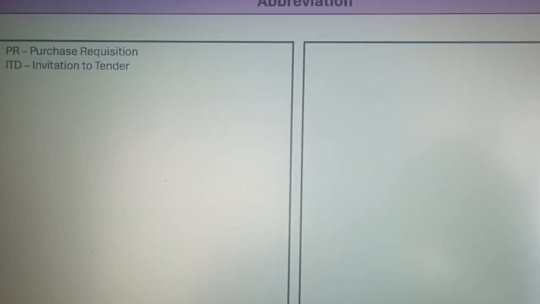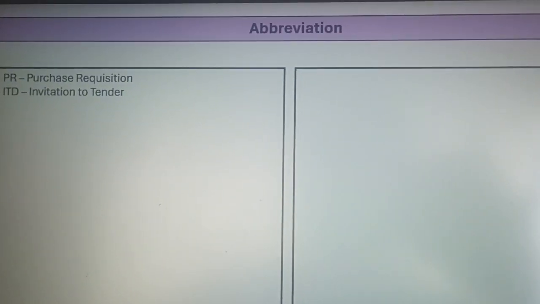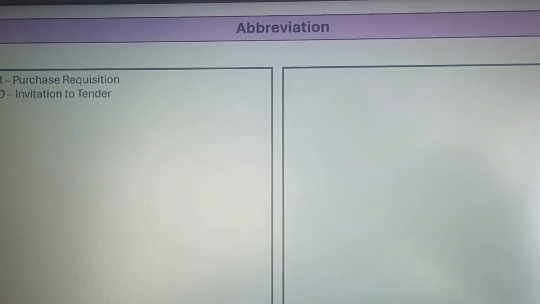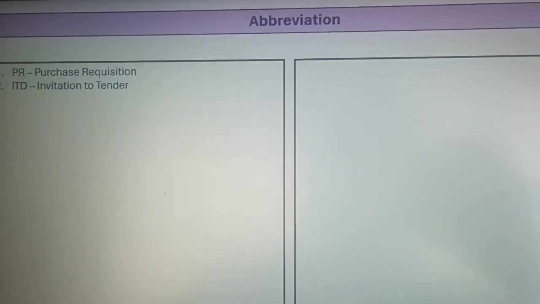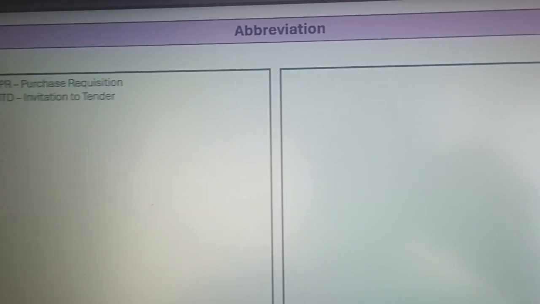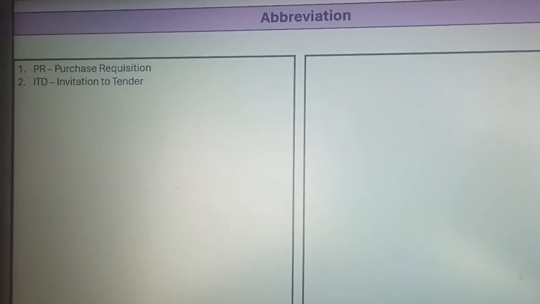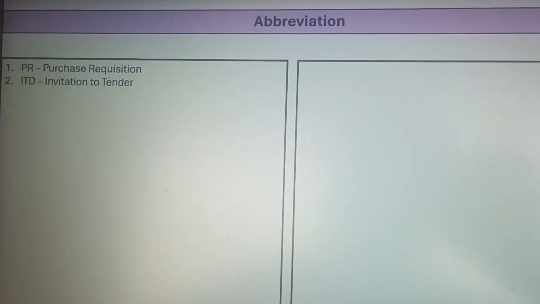Second point is invitation to tender. Whenever any buyer sends an invitation to any vendor to bid in the tender, it is called the invitation to tender.